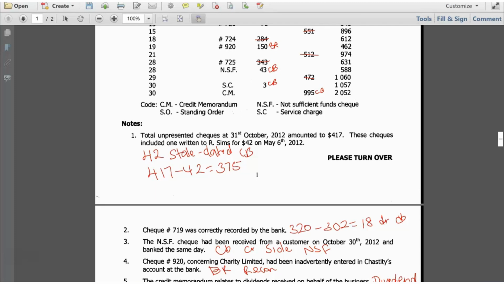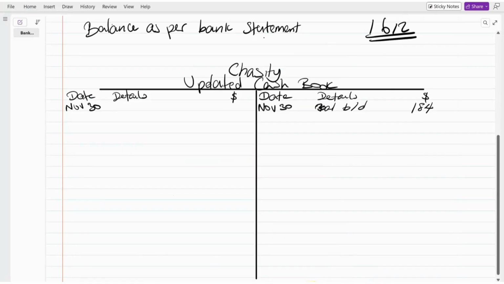So if it was never cashed and it's identified as stale dated, we have to update our cash book by adding the money back into the account because it never left the account. So let's start there with, from our notes, that $42 has to come back into the cash book. So let's just put that as our first item.